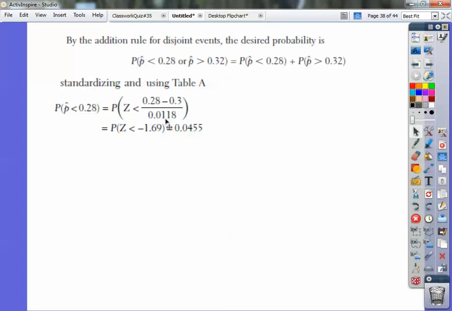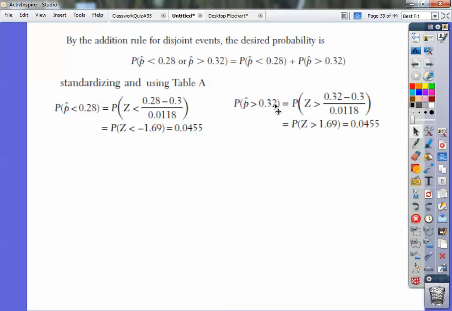Now they gave that to us, okay? So don't worry, that's given to us. So when you crank that out, that's where that negative 1.69 came from. And then you go to Table A, and on Table A, look for negative 1.69, you guys, and you should find 0.0455. Okay, and that's my probability, guys, 0.0455.